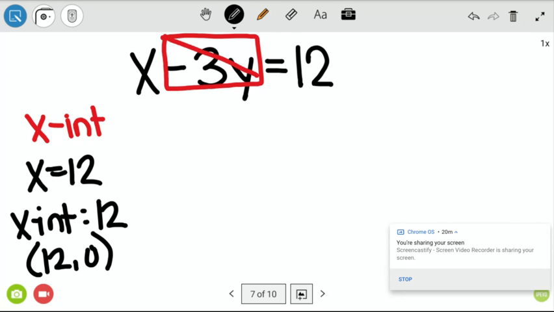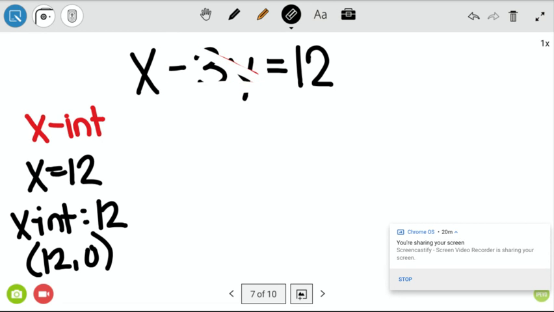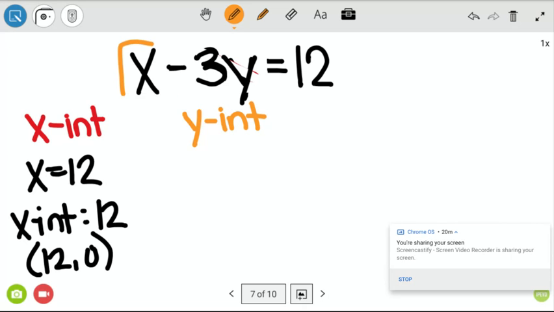Now for the y, we have to go back to the original. I probably shouldn't have done that because it's not as easy to see. To find the y-intercept, again, we only worry about the y. So this x term, we can just ignore. We solve negative 3y equals 12.